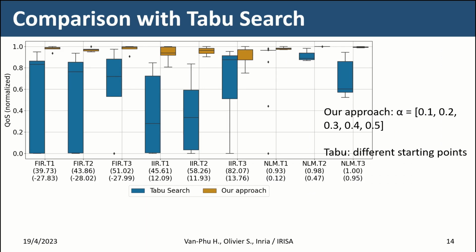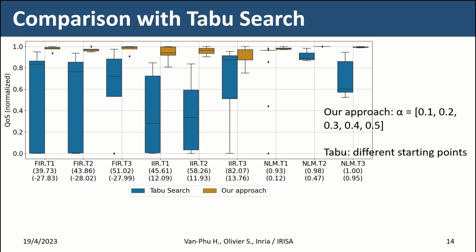In this slide, we compare the quality of solutions found by our approach and tabu search for different benchmarks. In this comparison, we summarize the solutions obtained by varying the starting point for tabu search. For our approach, we summarize the solutions obtained by using different alpha values, for example, alpha is 0.1, 0.2, 0.3, 0.4, and 0.5. The figure shows a clear difference in the stability of solutions obtained by the two methods.